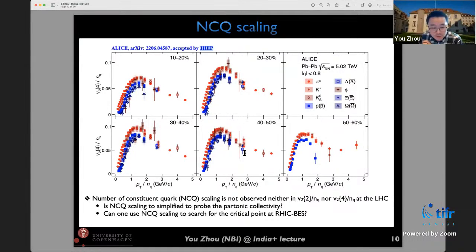But in that calculation, they also have a hydro calculation which extends a little bit. The hydro will not completely disappear, but it gives a smaller and smaller contribution at high pT. Whenever you have a hydro contribution, the results cannot be scaled 3 over 2 for baryon and meson. In fact, baryon v2 is larger than meson v2 from hydro because of the mass effect. So if you combine hydrodynamics plus quark coalescence, you would expect that NCQ scaling should be broken.